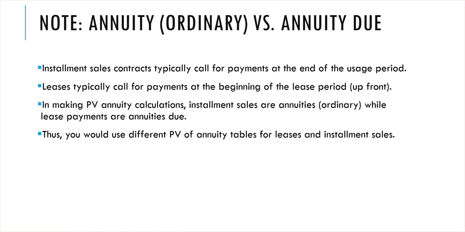Now, a little discussion here about annuities. I already talked a little about this. Typically, in this chapter, I would like for you to use annuity due tables because almost all the problems which I have are going to be payments which are called for at the beginning of the lease, or an upfront payment, or I sometimes refer to that as a down payment.